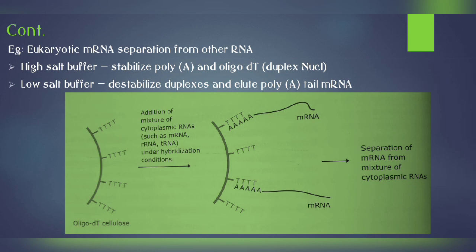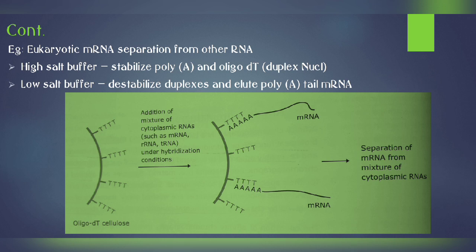Then this is one case study, for separation of mRNA molecules from other molecules. They are using oligo dT cellulose, which contains short T fragments. If we make an interaction with RNA molecules, only mRNA has a poly A tail, which makes a duplex formation with the dT cellulose.